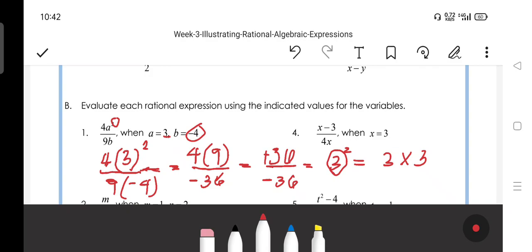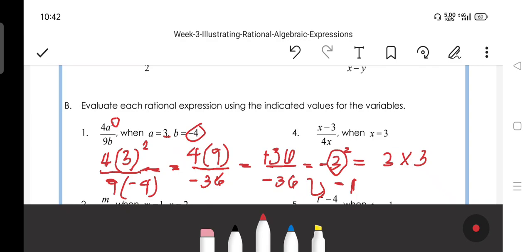So positive divided by negative is negative, right? Okay, let's write it here. Negative, and 36 divided by 36 is 1. Okay, so the value of 4a squared over 9b when a is equal to 3 and b is equal to negative 4 is negative 1.